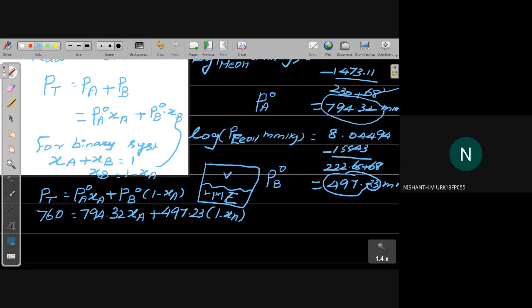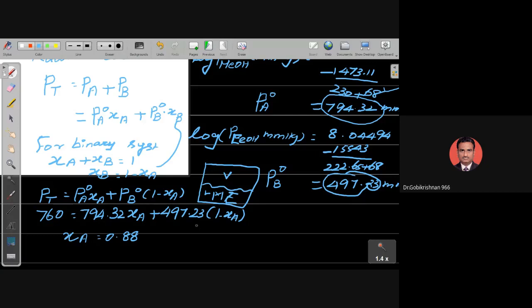Sir, 0.88. The value of XA is 0.88. The meaning is, 65 is the boiling point of pure methanol, 78 is the boiling point of pure ethanol.